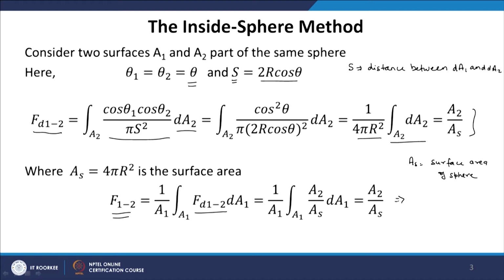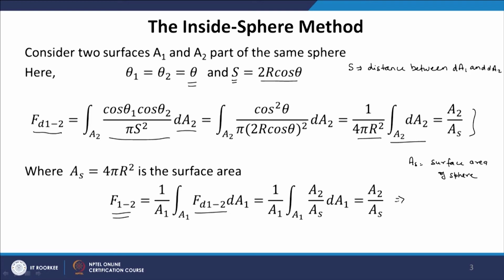This gives you an idea that when two surfaces are part of the same sphere, the view factor is independent of the position of the two surfaces. The theta does not affect the view factor, the orientation of the two surfaces does not affect the view factor. The view factor just depends on the radius of the sphere in which we are fitting the surfaces A1 and A2 and the surface on which the radiation is falling, that is A2, and that is the definition.